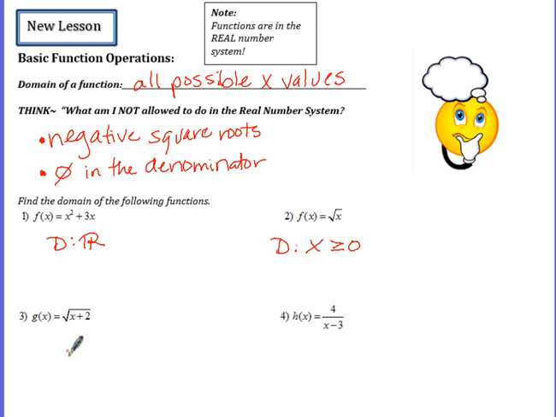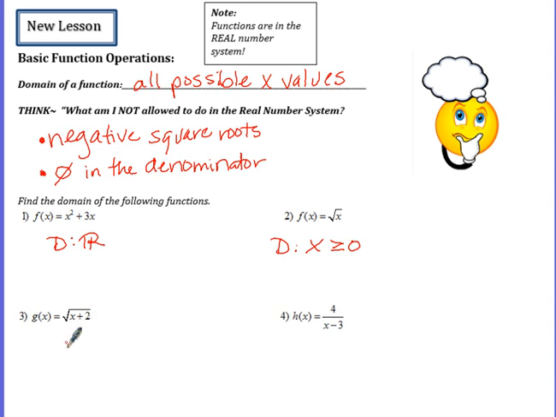Number 3, let's look at what could possibly go in here to cause one of these problems. We're not dividing by any variables, so we can't put anything in for x that would cause a 0 in the denominator, so we're safe there. But we could cause the square root of a negative with certain values.